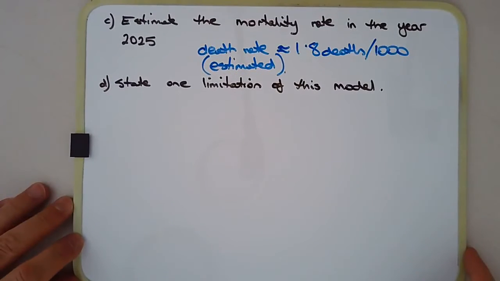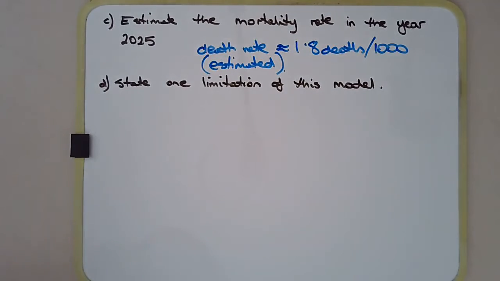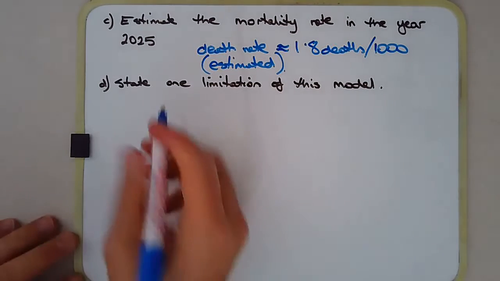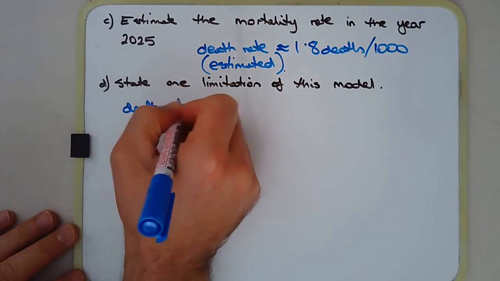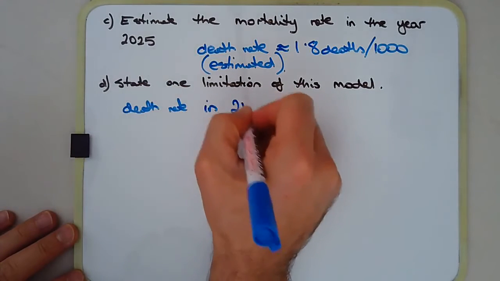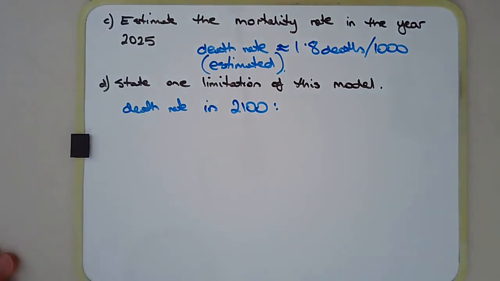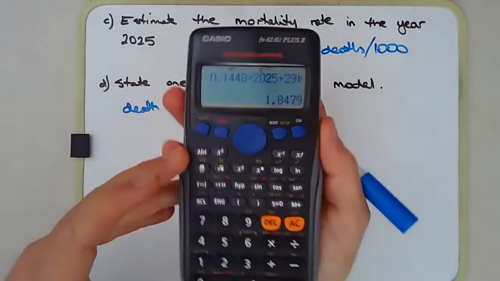So, what about estimating the mortality rate in the year, let's say, 2100? Okay, so in the year 2100, what would that be? So I've got the formula here ready.